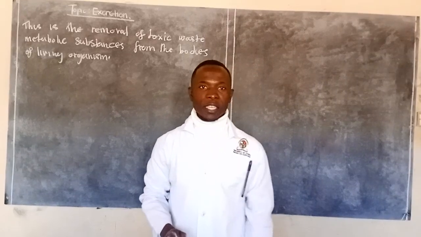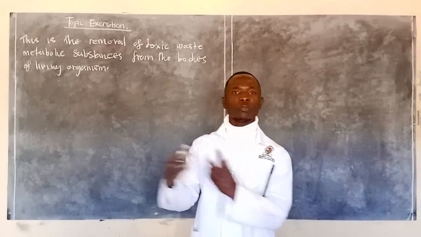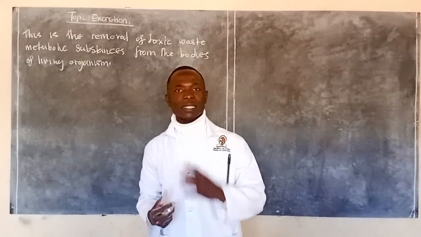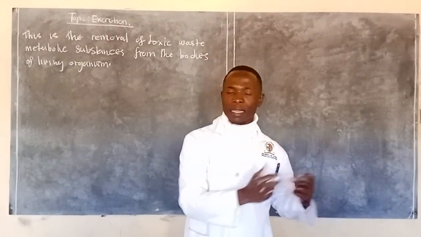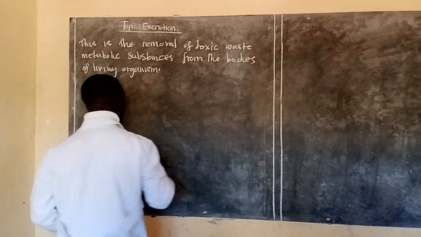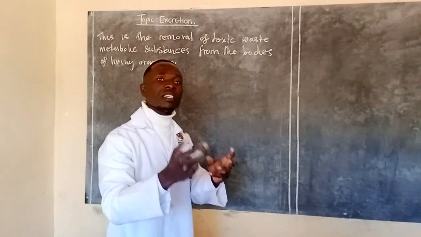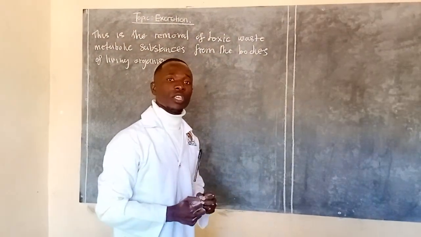Now, when we talk about excretion, we need to know what it is that we humans excrete, and what plants excrete. We need to know that the organs used in excretion are what we call excretory organs.